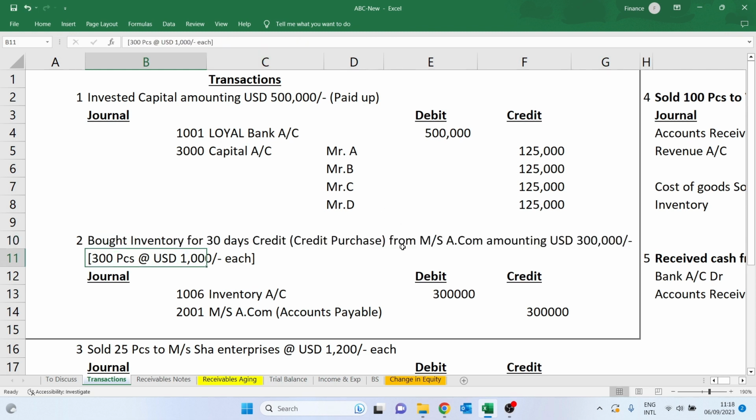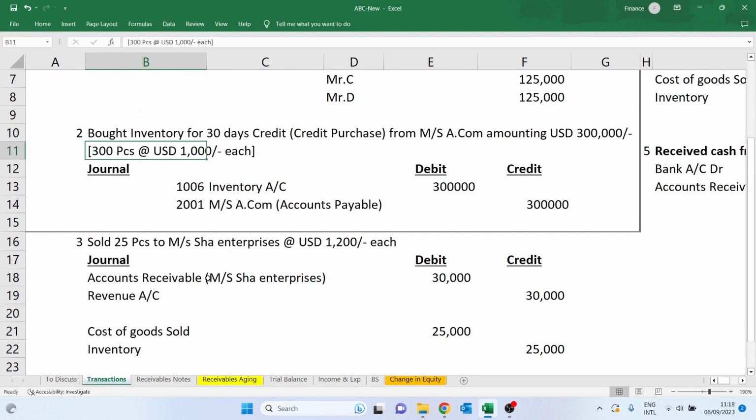Let us make all the same pattern. I mean, we are going to discuss the receivable. So this is the third entry. Sold 25 pieces of PCs to Shah Enterprises at 1,200 each. We have discussed this journal entry already.